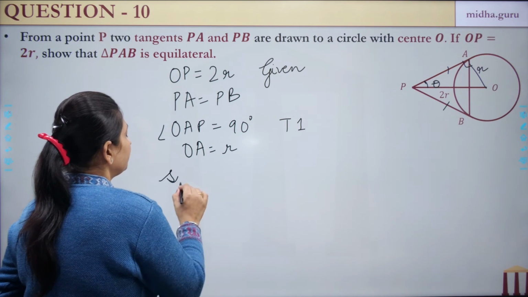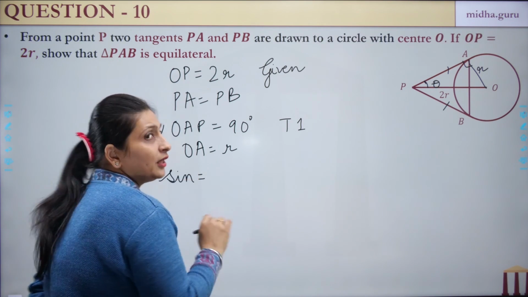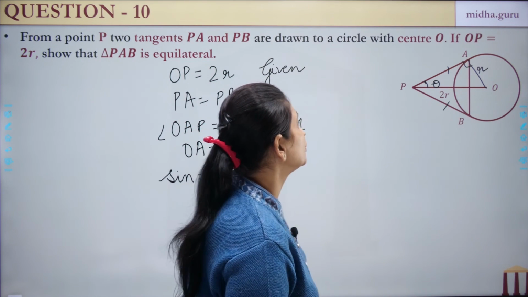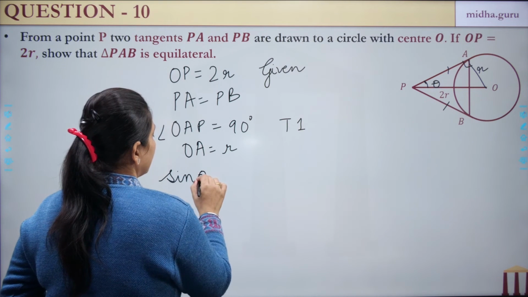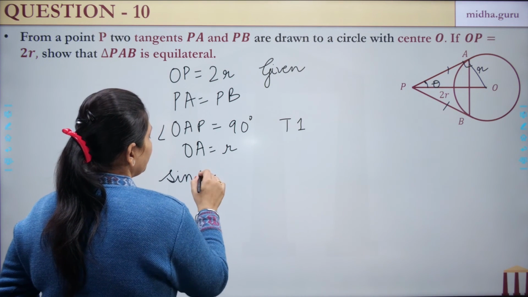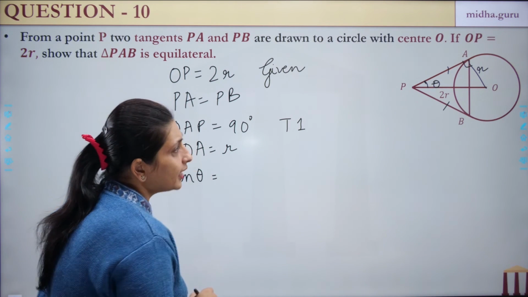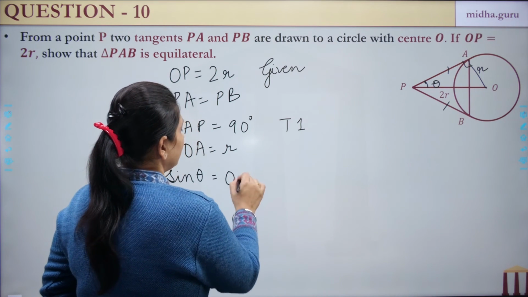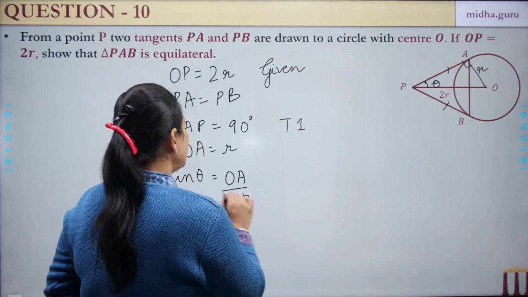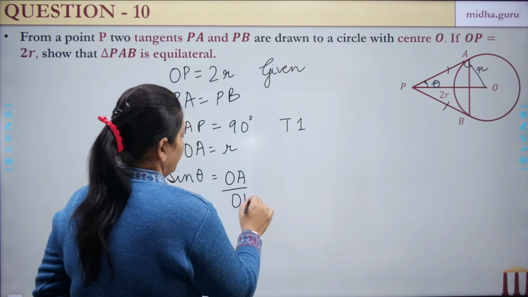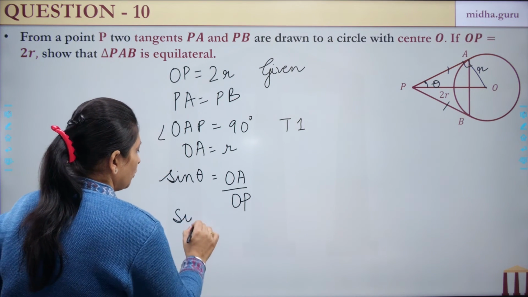Sine is the ratio between the perpendicular and hypotenuse. So we can write sine theta is equal to OA by OP, which is the hypotenuse.